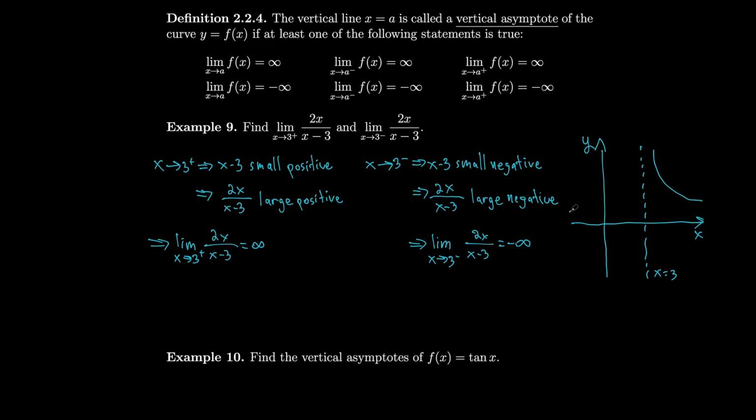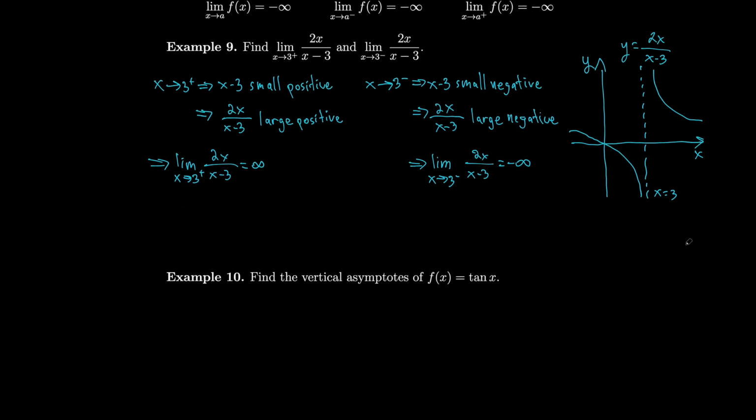And it looks roughly something like that, where if you go from the right side, as you traverse along this function, you get huge. If you go from the left side, you also get huge, but you get huge negative. It goes down forever. So this is y equals 2x over x minus 3.